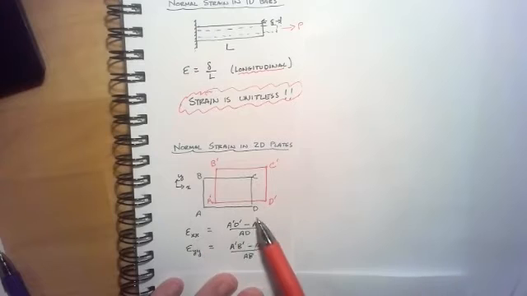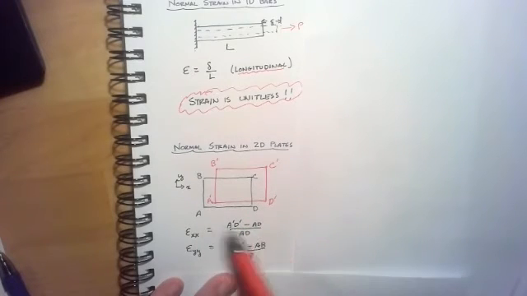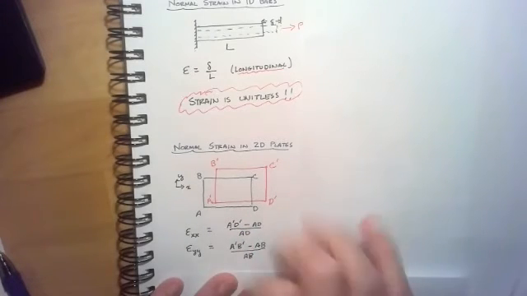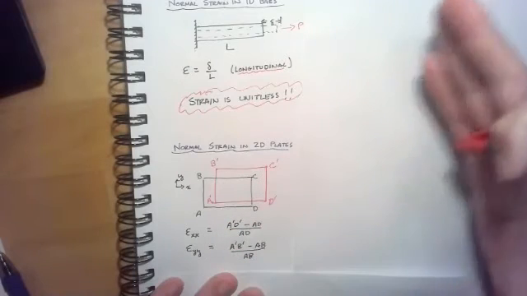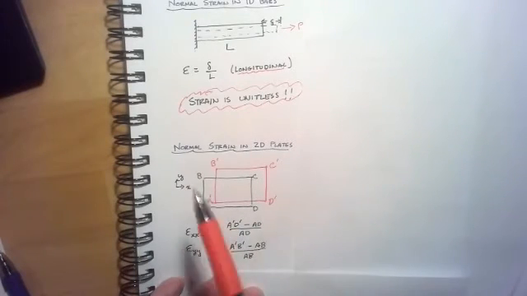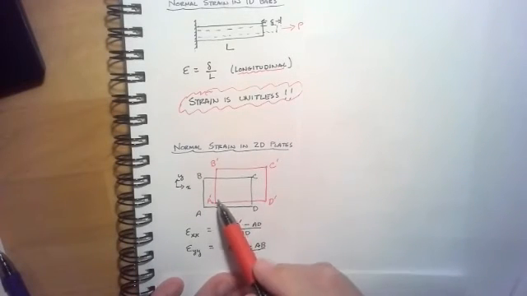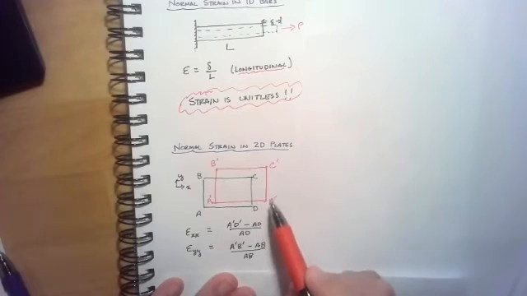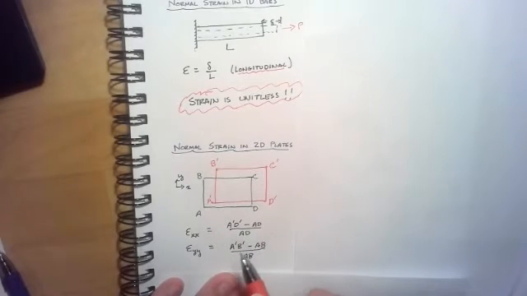We start out in the original configuration A, B, C, D, and then this is some small element in a larger structure that's been loaded and the structure deforms, and we now get the shape A prime, B prime, C prime, D prime.